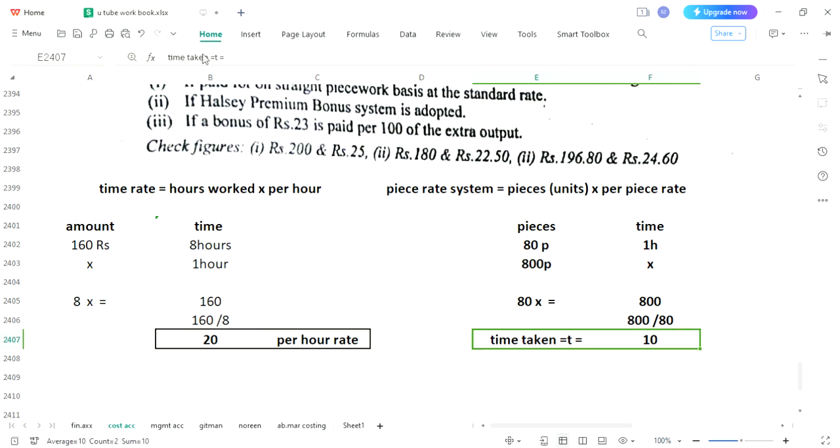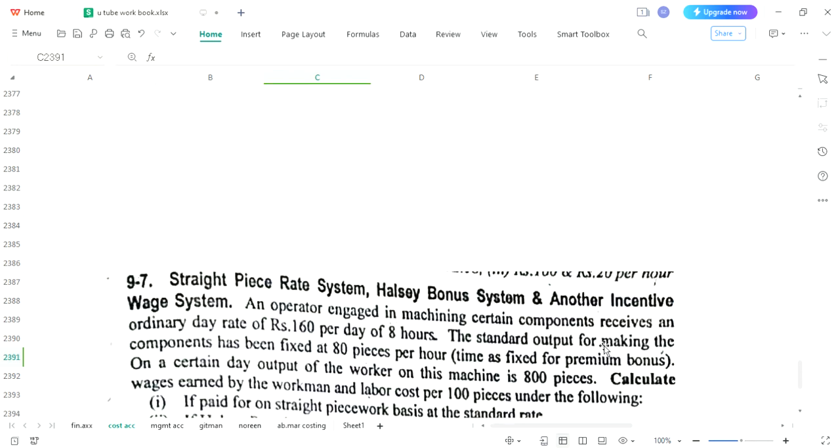Let's mark it. We should also have mentioned that this per hour rate is denoted by small r. So we have small r, we have small t, and next calculation.